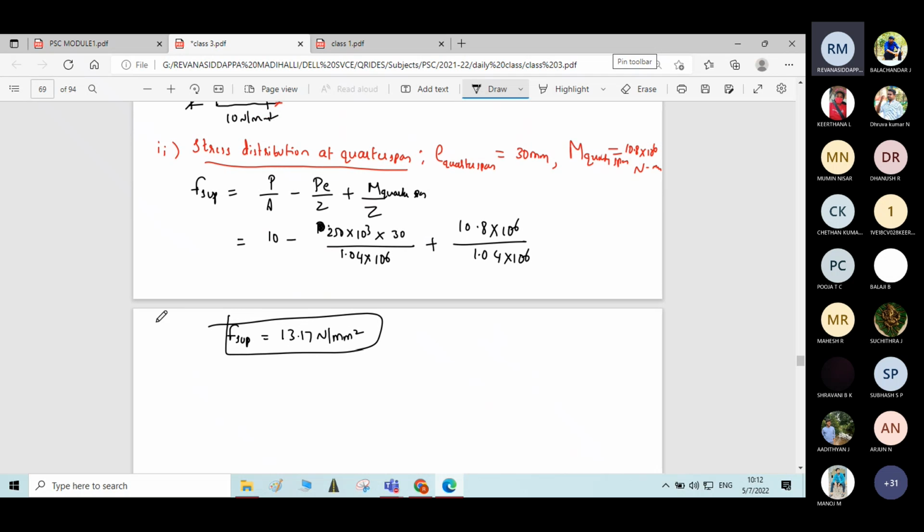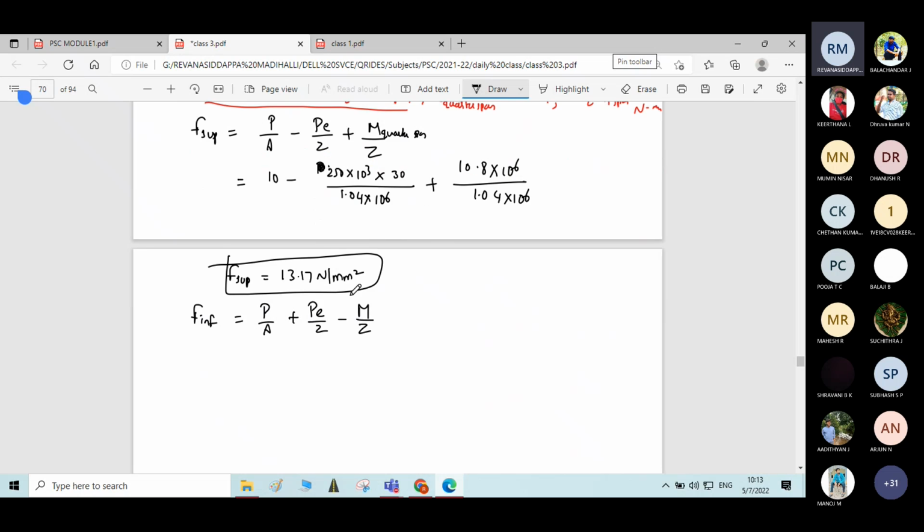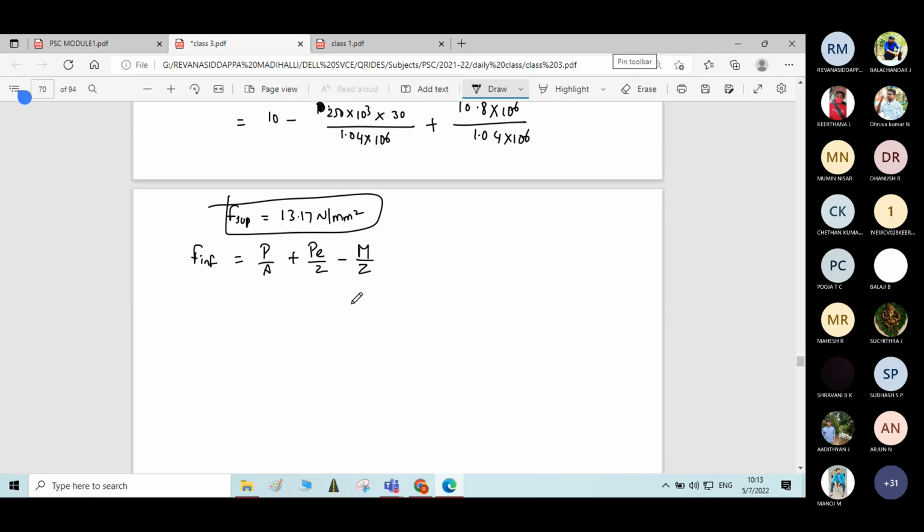F inferior is equal to P by A, plus P by Z, minus M by Z, where the moment is the moment at quarter span.